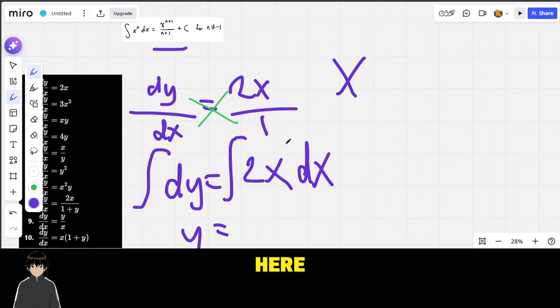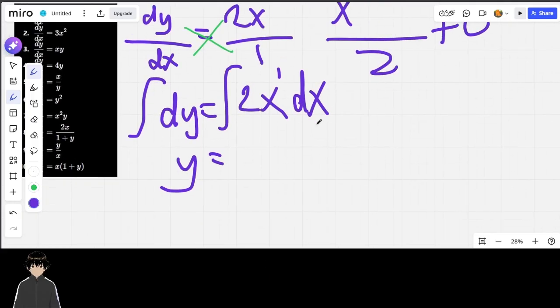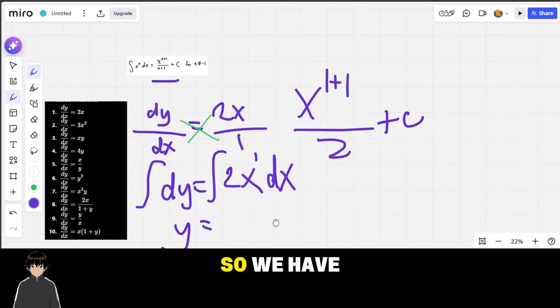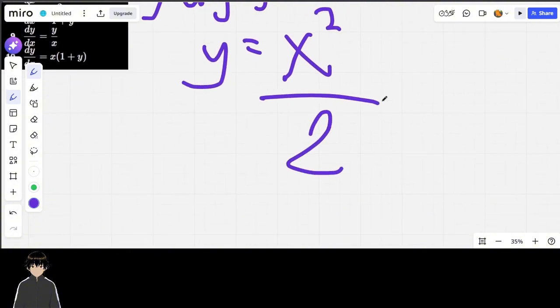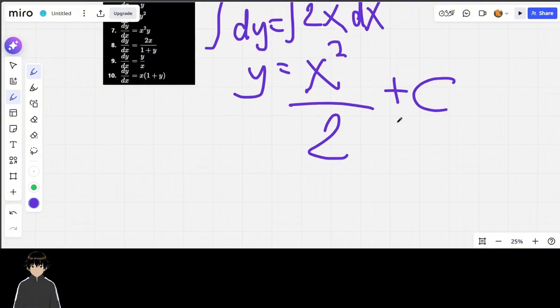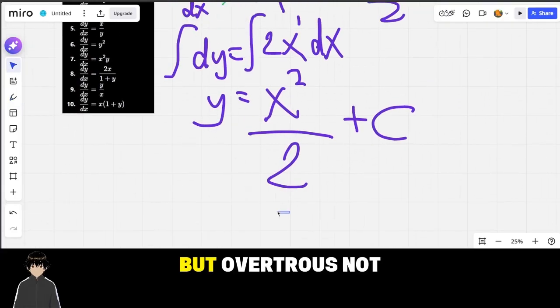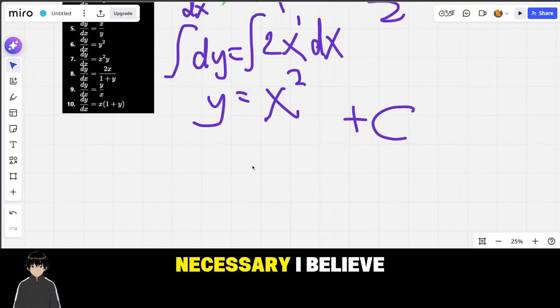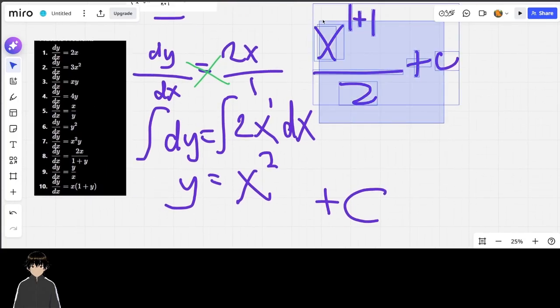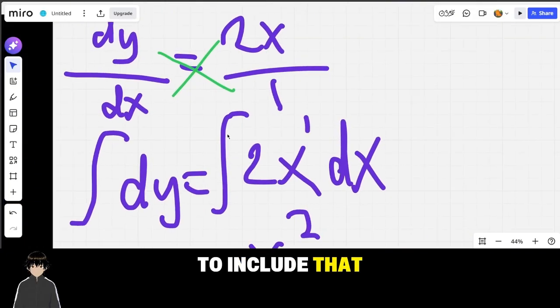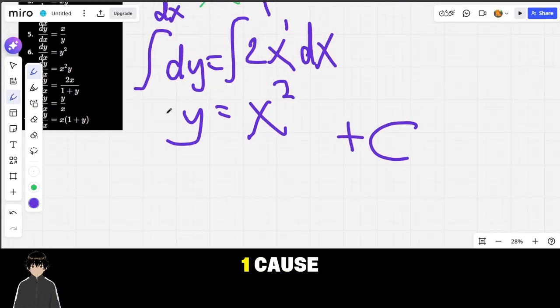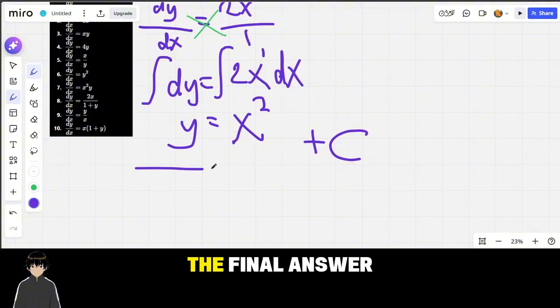What is the exponent here? Well, just 1. So 1 plus 1 is 2, plus c. So we have x squared over 2 plus c. But the over 2 is not going to be necessary, I believe. You don't have to include that, because this is the final answer for this.